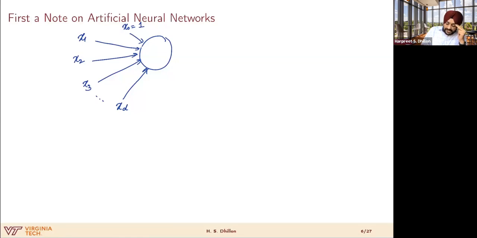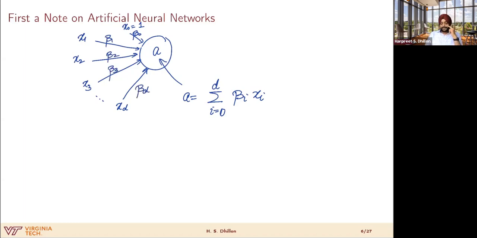Okay, so you then calculate what we call an activation function, a equals the sum over i equals 0, because you have a bias term, of beta i xi, where, as was the case before, the betas are just the weights: beta 0, beta 1, beta 2, beta 3, up to beta d.